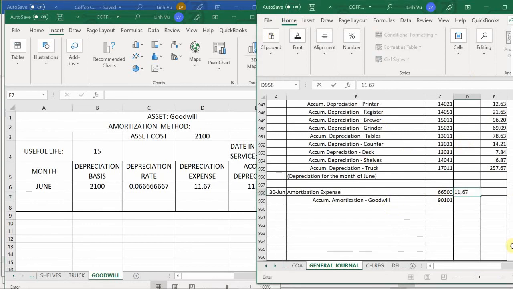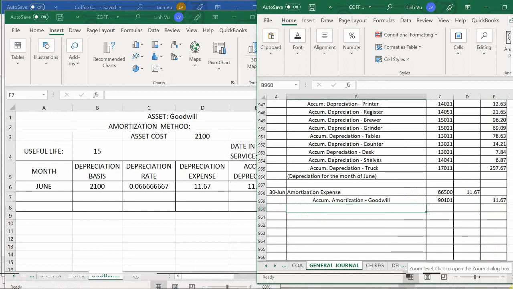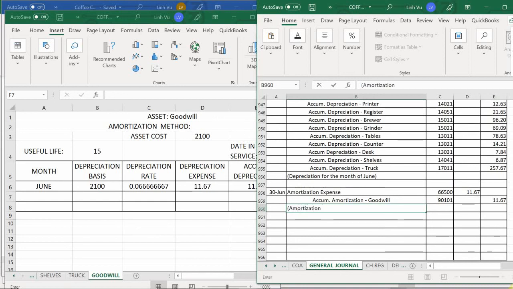It is 19,101. Oh, right, 19,101. Okay. The ledger.